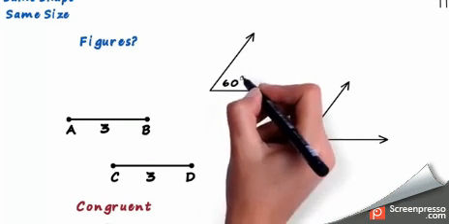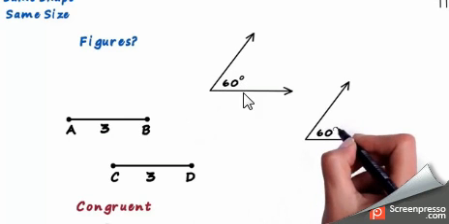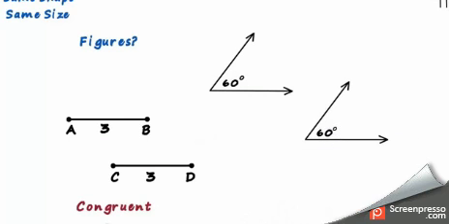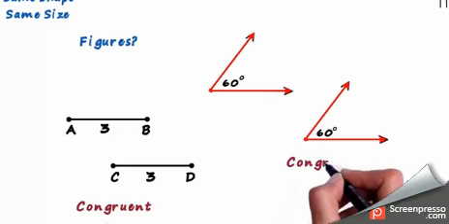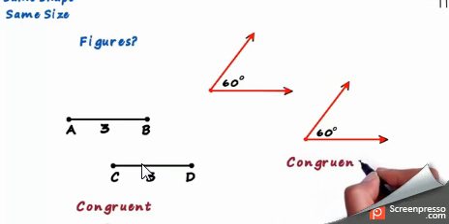If the measure of this angle is 60 degrees and the measure of this angle is 60 degrees, these two angles have the same measure, so the two angles are congruent. These two angles are congruent and these two line segments are congruent.